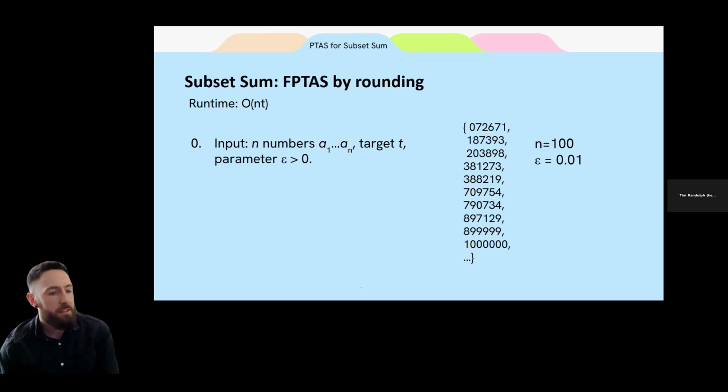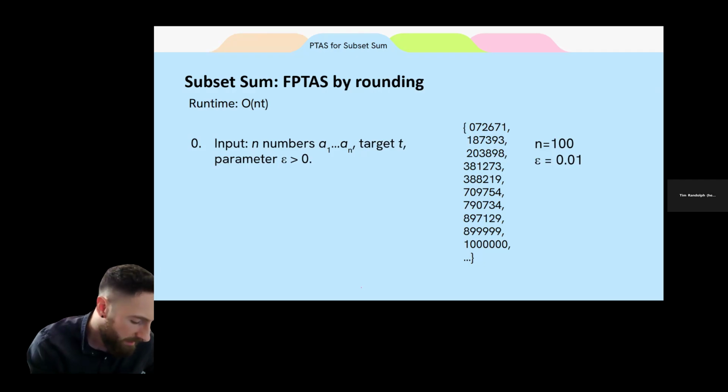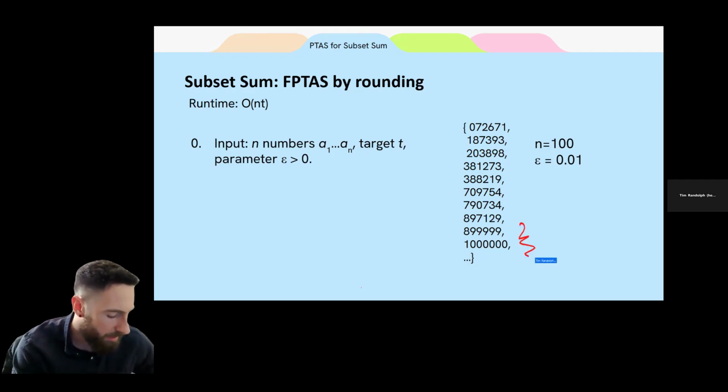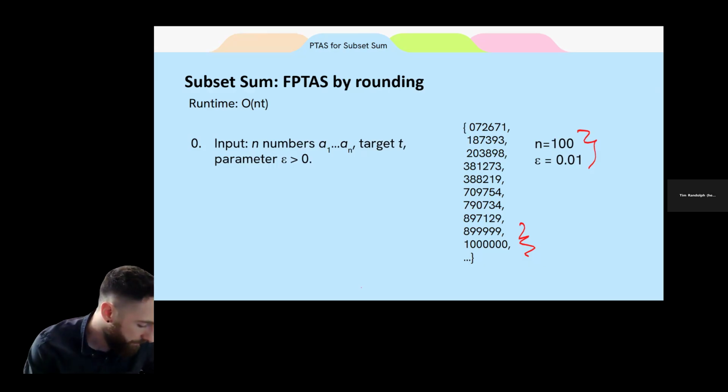We'll take our input, we'll say we have n numbers, a1 through an, some target t, and a parameter epsilon that's some constant greater than 0. On the right-hand side here, I've got an example instance, and just to have some reasonable numbers to play with, we'll say n equals 100, and epsilon is 0.01. So we want an approximation to within 1% of the optimal solution.